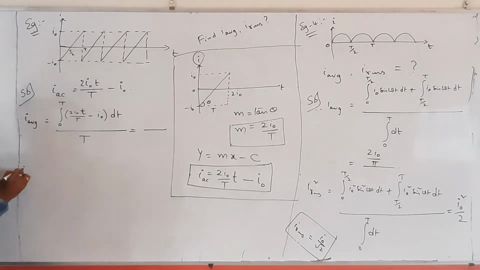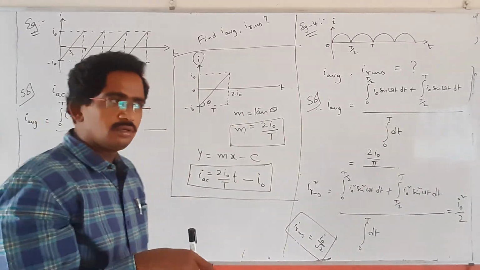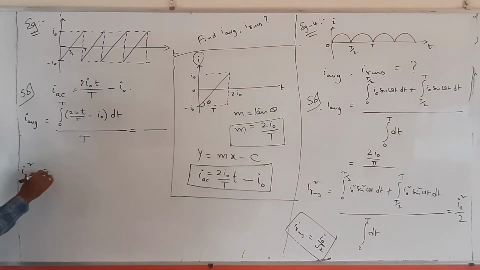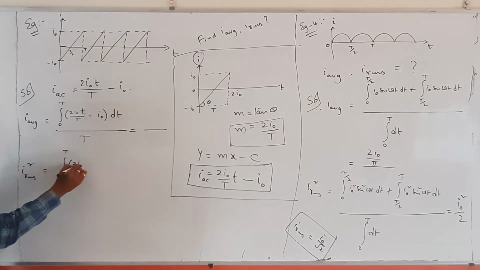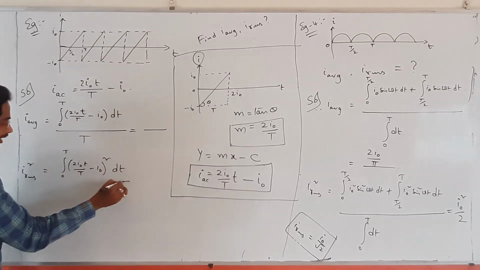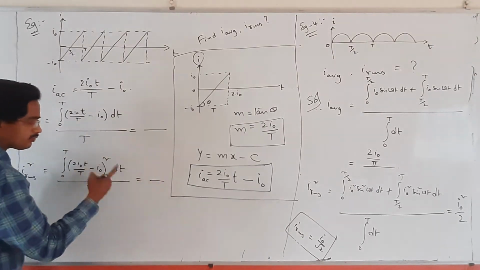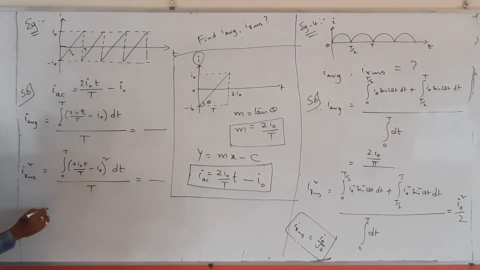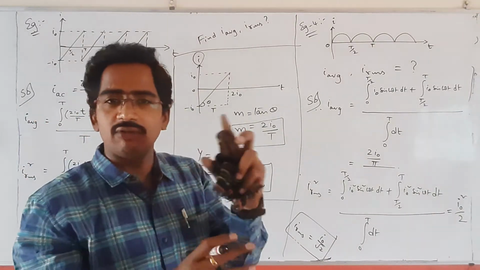Secondly, IRMS. How do you get the IRMS value? IRMS square equals integral 0 to T of (2 I naught t by T minus I naught) whole square dt by T. If you solve it, you get IRMS square. It is A minus B whole square, you know, so you have to expand it and solve that.